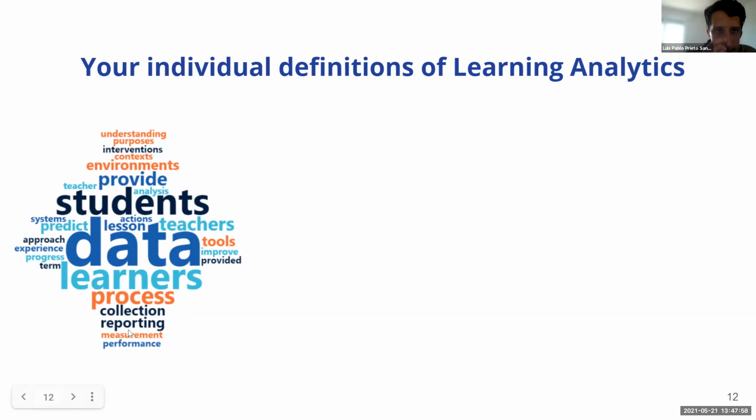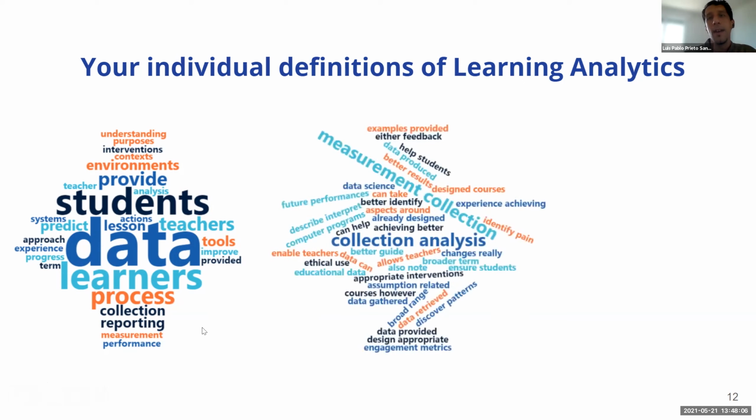But this still doesn't give us a definition. There are many ways to combine this. We could also do another analysis of these definitions by bigrams, for example, pairs of two words. This gives us a few more ideas, like there's a lot of measurement and collection analysis, but it enables teachers or allows teachers.